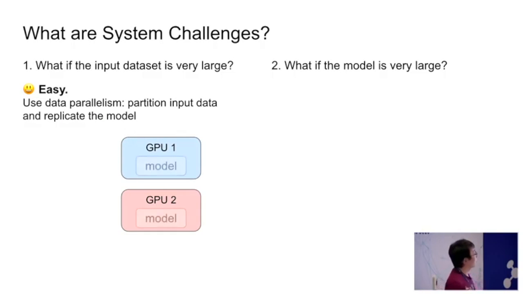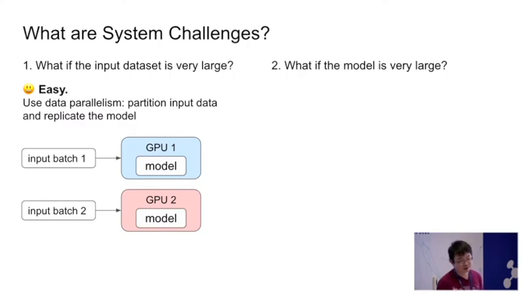We can replicate the model on all GPUs, and then feed different input batches to different GPUs to parallelize this computation. And if you are a TensorFlow or PyTorch user, this pattern is actually addressed pretty well by all these existing libraries, where you can find a ton of open source interfaces, like I showed in the first part of the talk.